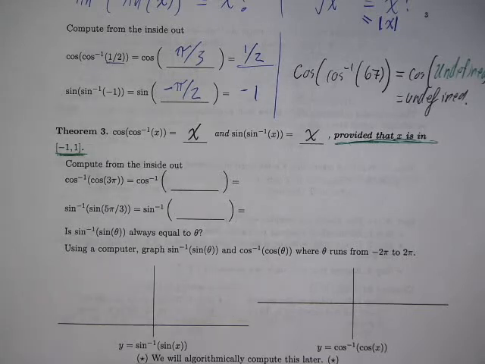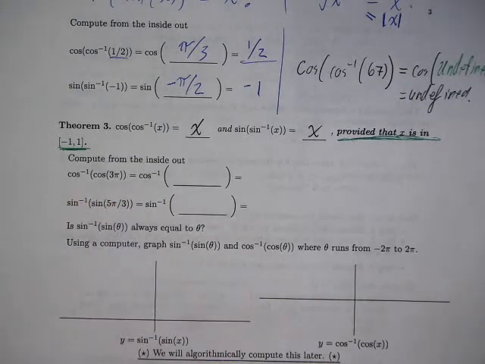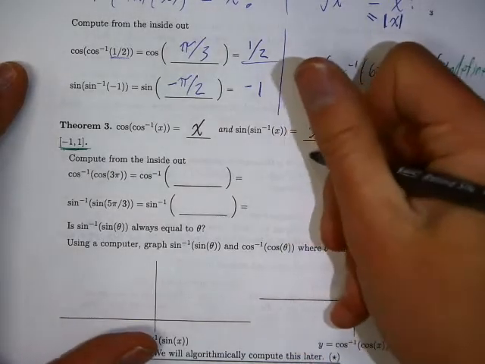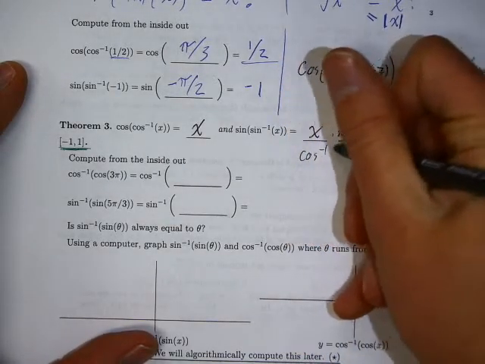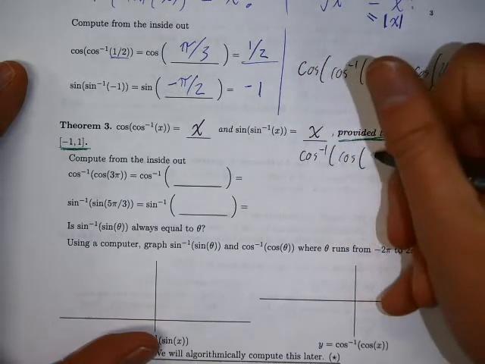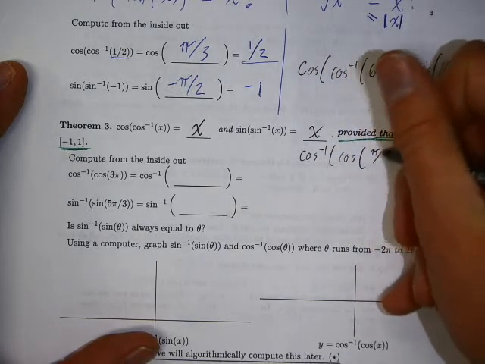Any questions right now? Let's try to switch the order of the two. Let's try to compute the inverse cosine of the cosine of some things. Maybe we'll do an example of one where it actually works out. How about the inverse cosine of the cosine of pi over 3?